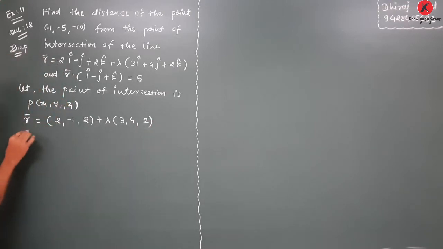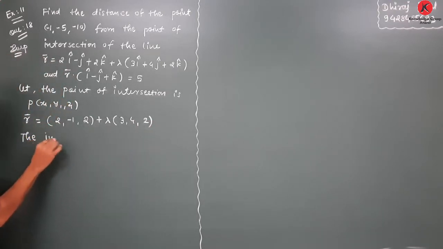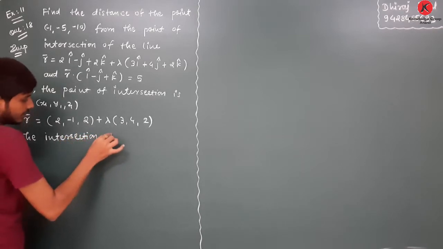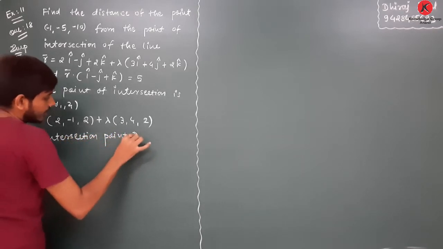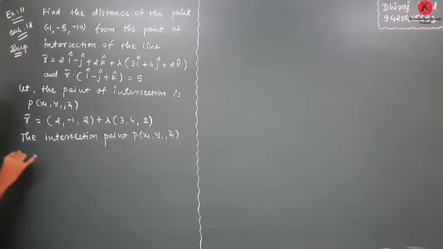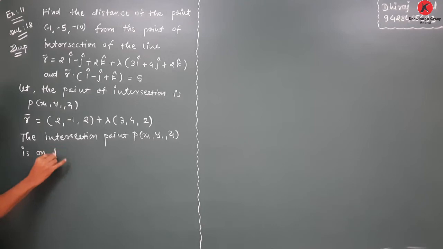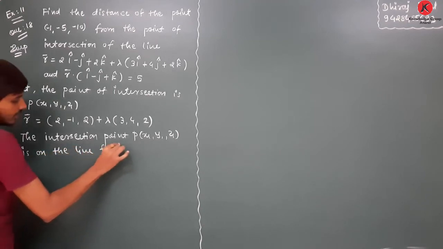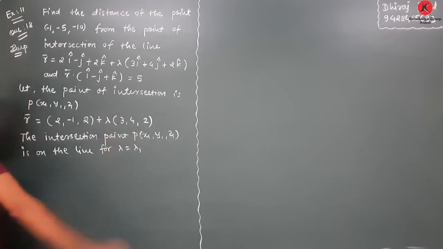The intersection point P (x1, y1, z1) is on the line for lambda equals lambda 1.